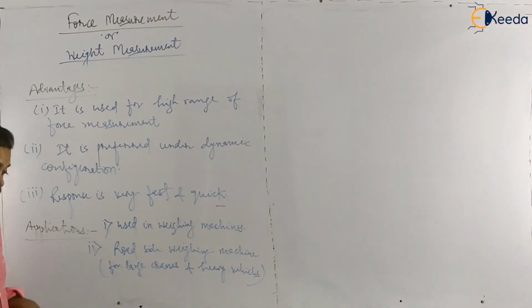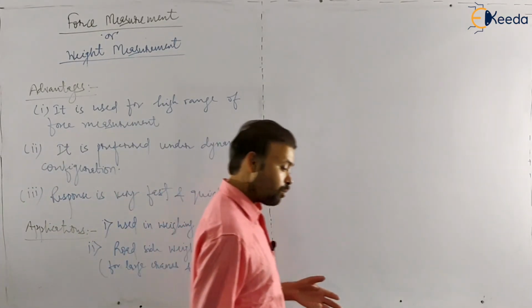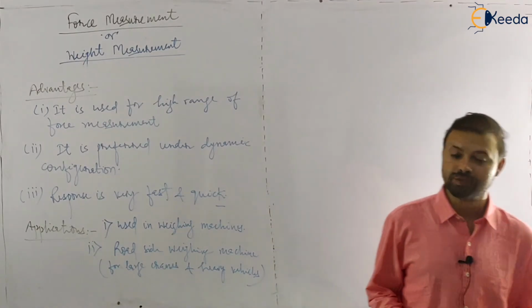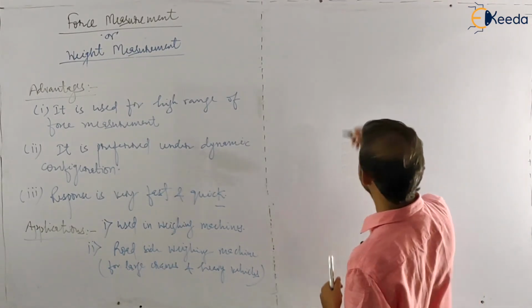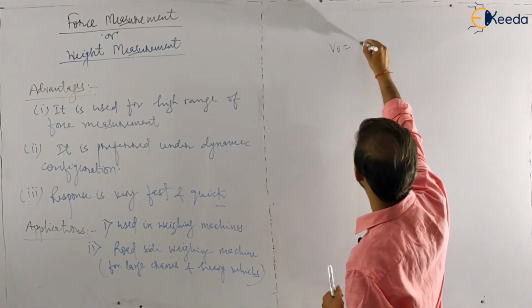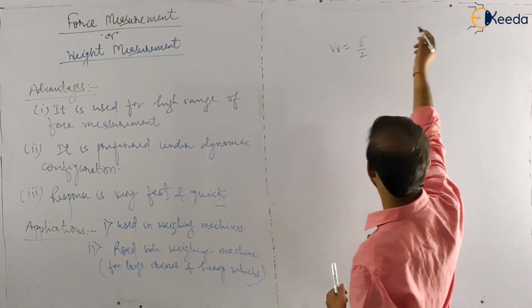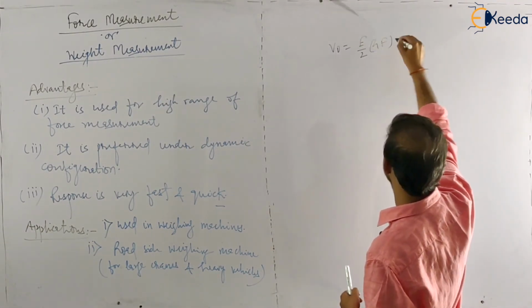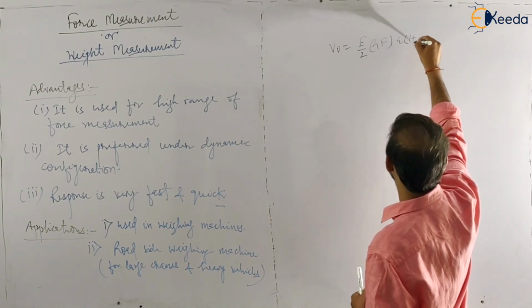So how can you calibrate the voltage output in terms of the force? V naught is equal to E by 2 gauge factor into epsilon into (1 plus mu).